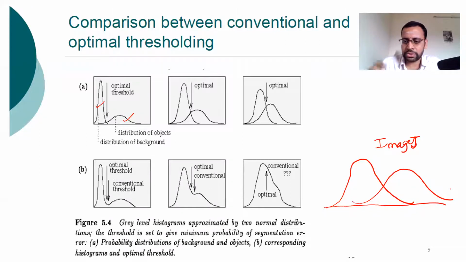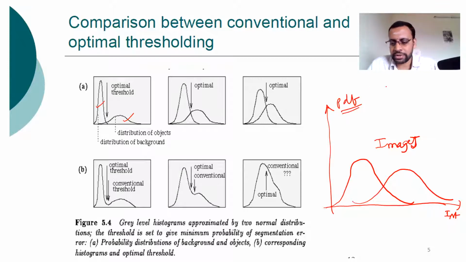Suppose I have two distributions like this. I know the individual distributions of intensities, that means I have the intensity value versus number. You call this the PDF, for example, or the equivalent of a PDF. Now, which would be a good threshold to distinguish?